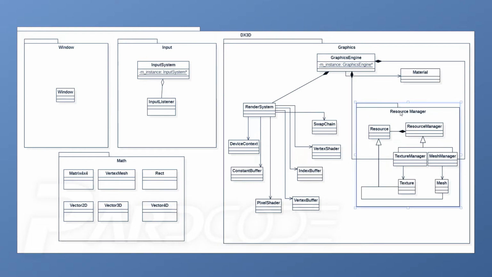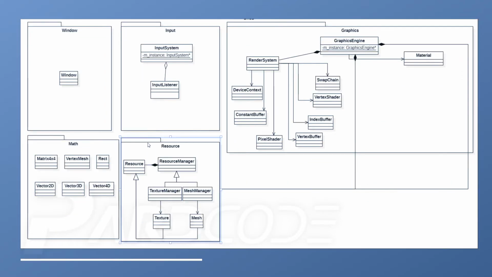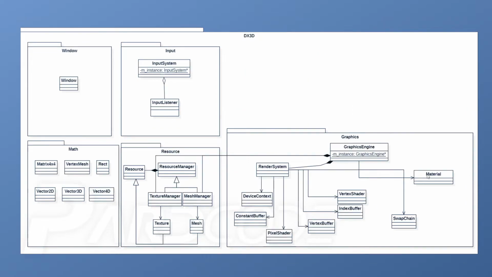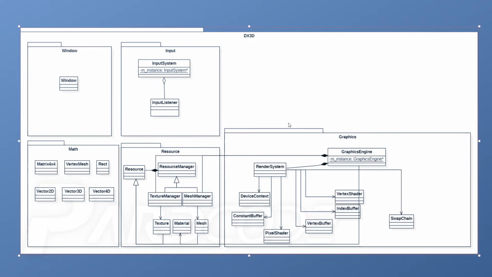What else? Well, let's rename the resource manager package in resource. And let's move it inside the X3D. Finally, since we want to consider the material a resource like texture and mesh, let's move the material class in the resource package. That's all.